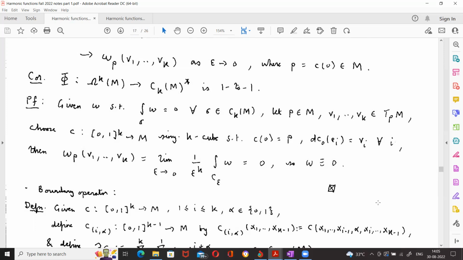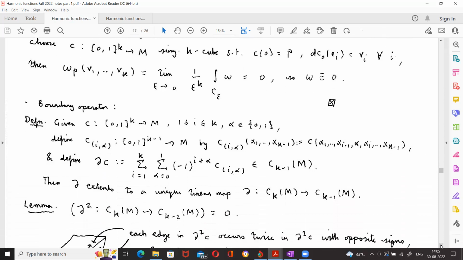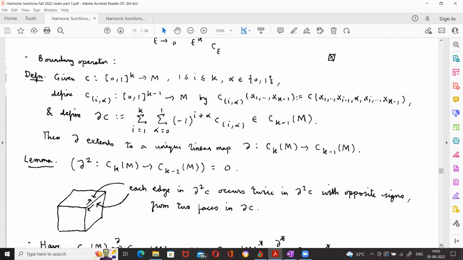Now on the space of k-chains, we have what's called the boundary operator, which is defined as follows. So given C, which is a singular k-cube, we define what the faces of C are. So for example, a square has 4 faces. A cube in 3 dimensions has 6 faces.